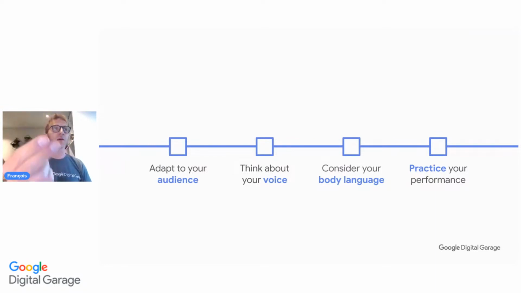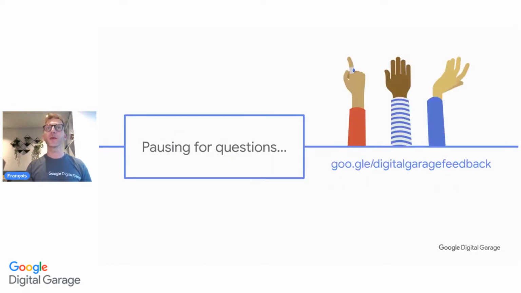If you say, think about your body language, and I'm bringing my hand to the camera, it's very clear to people that this thing must be quite important because the speaker is emphasizing it. And practice, practice, practice.